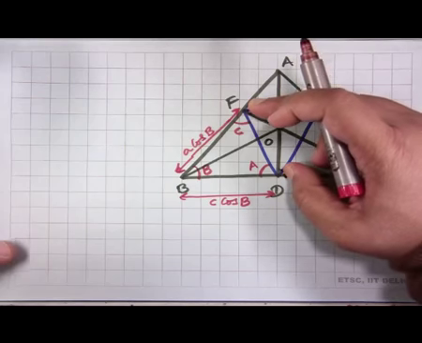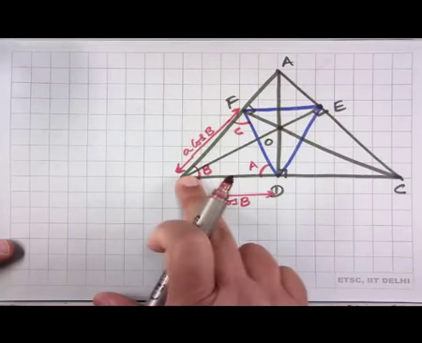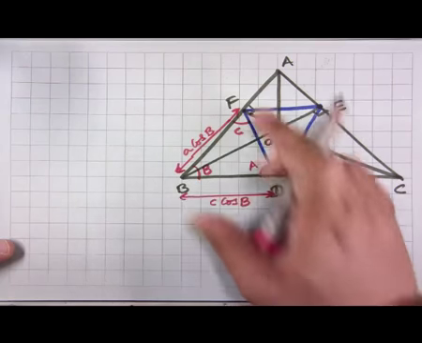We just have to use the cosine law on this angle B of the triangle BDF.